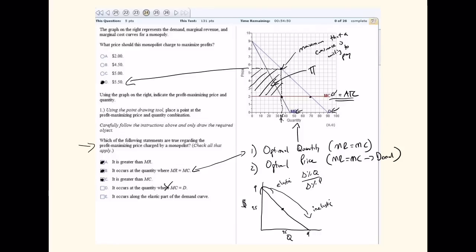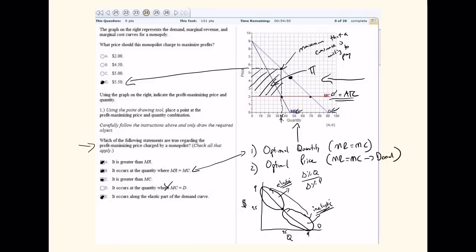The upper part of this curve is elastic, and the lower part of this demand curve, let's put a D here for demand curve, is inelastic. And as we can see here in our original problem, this profit maximizing point is along the elastic part of the demand curve. So E is the fourth correct answer here that applies.